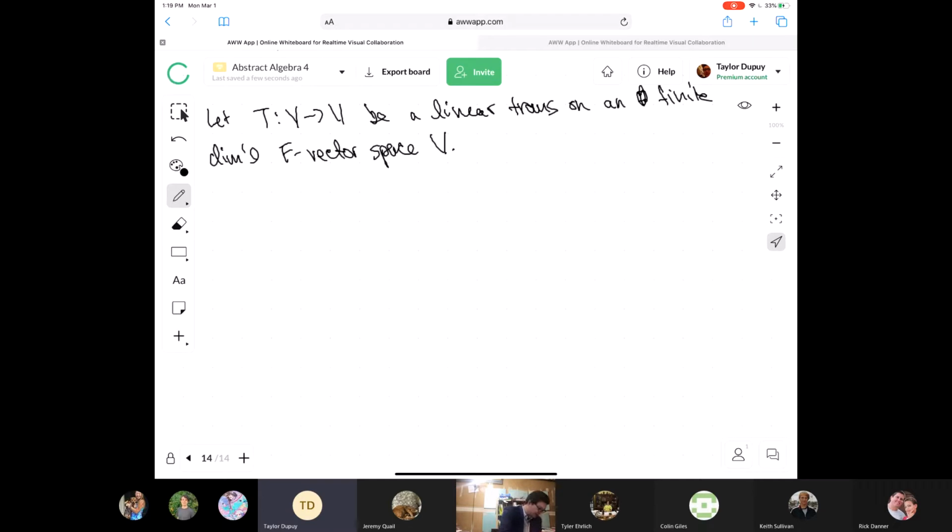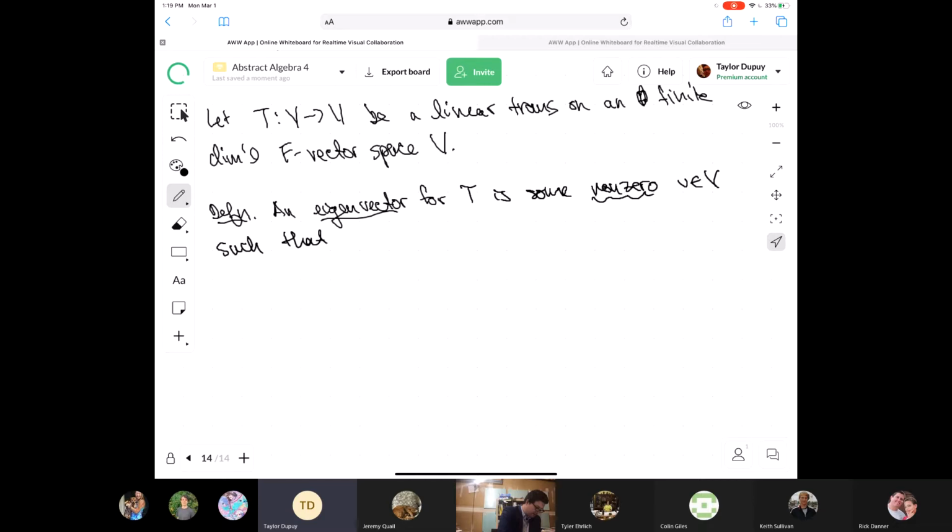Definition: an eigenvector for the linear transformation T is some non-zero, that's important, v in V such that Tv is equal to lambda v for some lambda in the field.